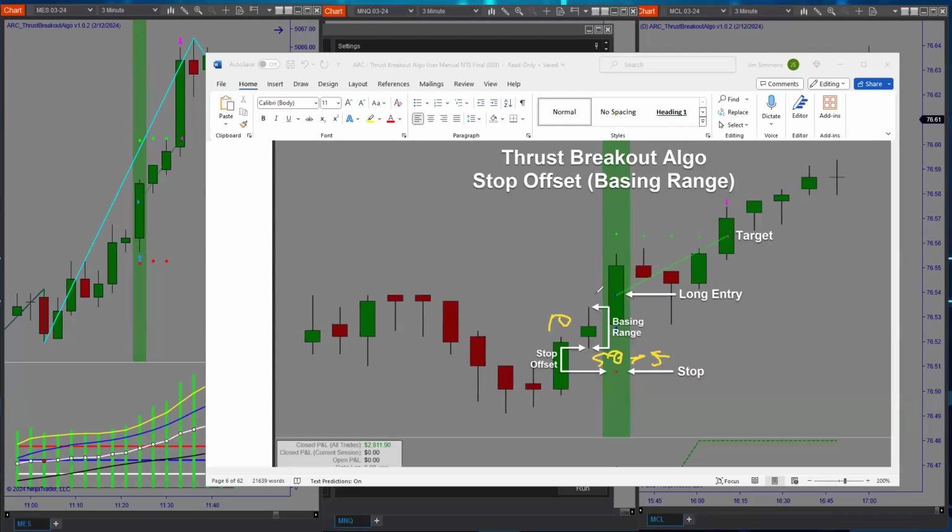If your entry is 2 ticks above the high, and that's where you get entered, then your total stop is 17 ticks. The range plus the buffer plus the entry buffer. So that's going to put you at 17 ticks, to give you an example.